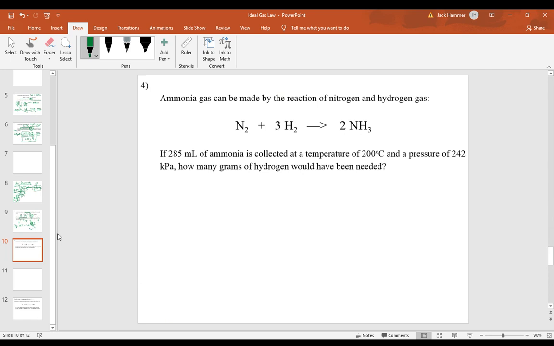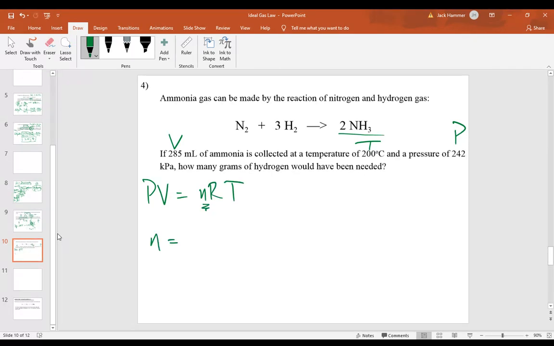Finally, question number four. This one is kind of the opposite. They're telling you the volume of the ammonia, and they're telling you the temperature, that's here, and they're giving you the pressure. So here, you do have enough information to calculate moles.